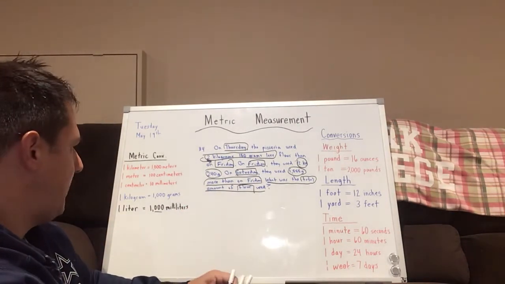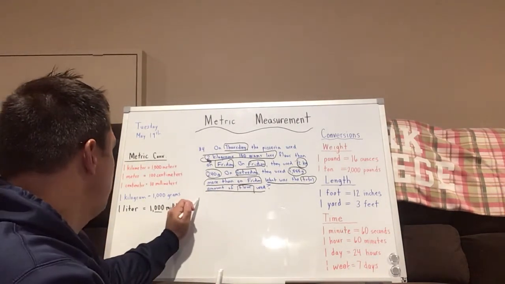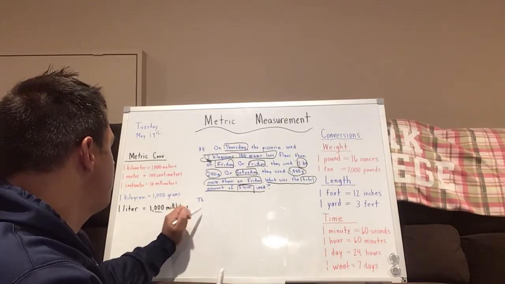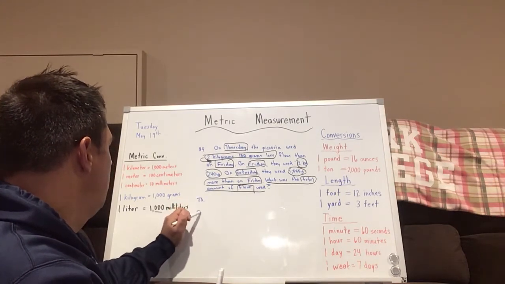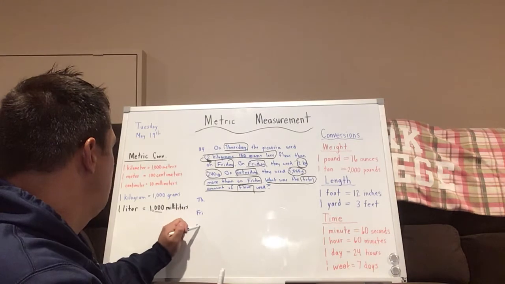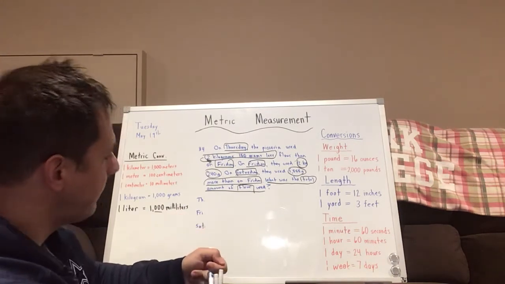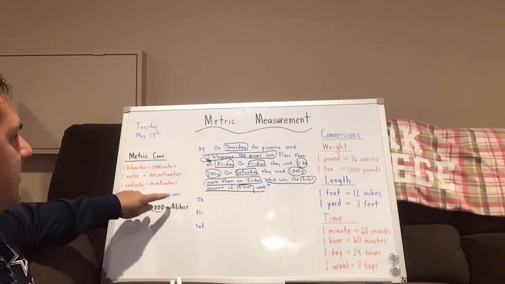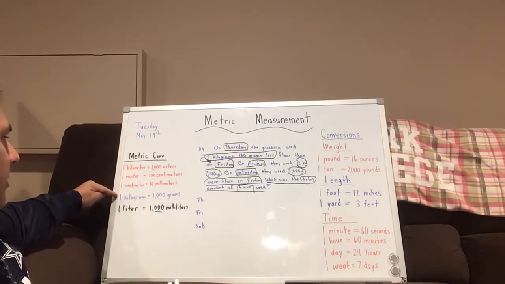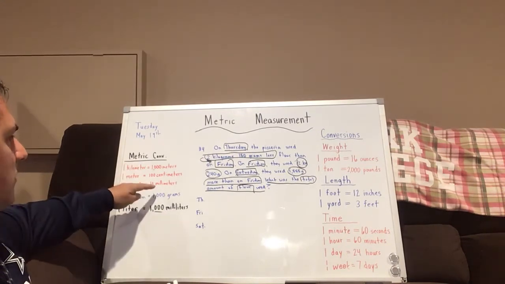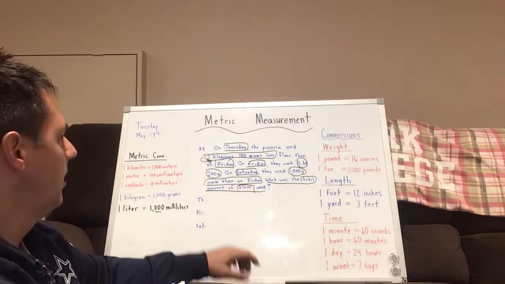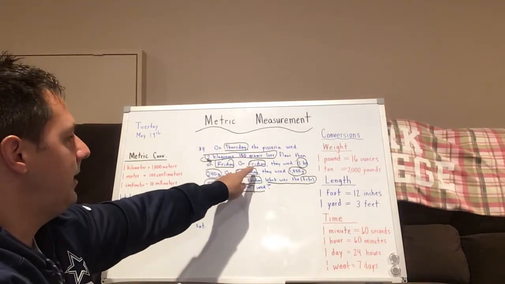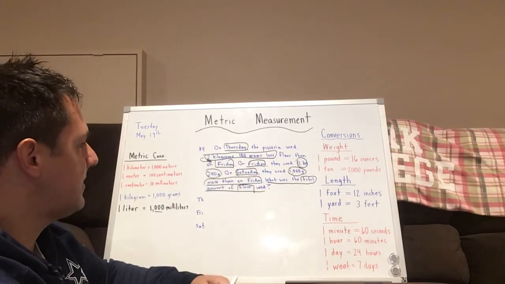So I'm going to start by organizing my data. I know we're going to have Thursday, Friday, and Saturday. And I'm going to use my conversions. I know we're working with grams and kilograms today, so I know that the conversion is 1 kilogram is equal to 1,000 grams. And I'm going to start on Friday because they actually give you Friday's amount.